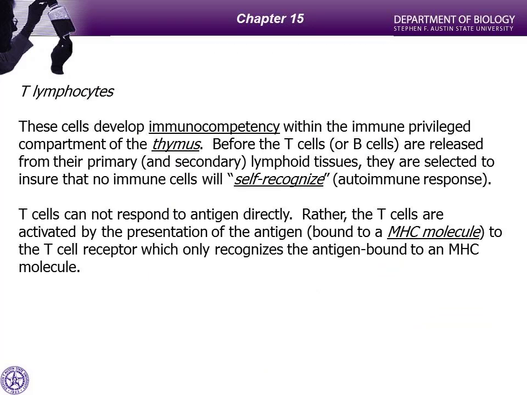So a little more about these major histocompatibility complex molecules. We have two of them. Type 1 and Type 2, or Class 1 and Class 2. I like to think of 1 as most important. We're number 1. You hear that in all sorts of athletic events and competitions. So the Class 1, you're going to find this on the surface of every cell in your body except for red blood cells. And this Class 1 MHC can only activate a subpopulation of T cells called cytotoxic T cells.